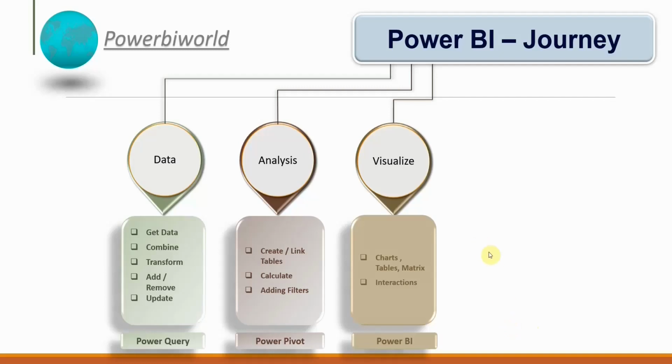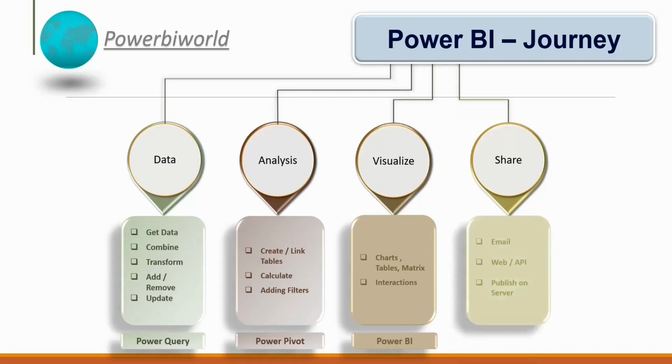Okay. Now once we have worked with our reports, once we have created our reports, dashboard or visualizations in Power BI, we can share this with our colleagues, and we can share this with our colleagues on email. We can share it through web APIs, we can publish it on Power BI servers.